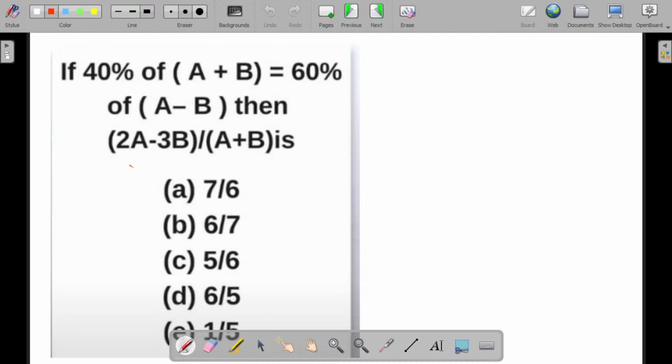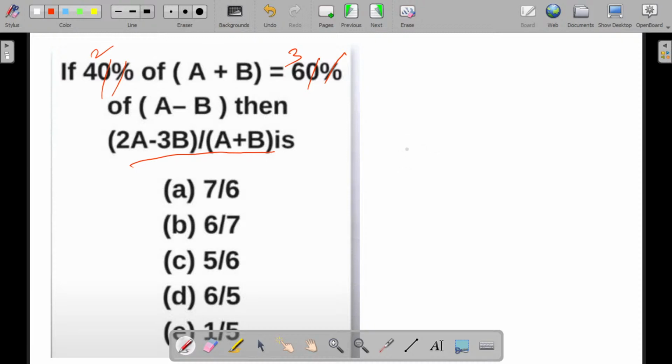Calculate 2A minus 3B by B, if 40 percentage of A plus B equal to 60 percentage of A minus B. Here I will cancel the percentage and the 0. So 2 times, 3 times. Yes, getting the response.